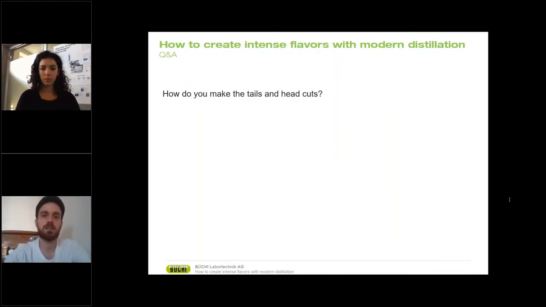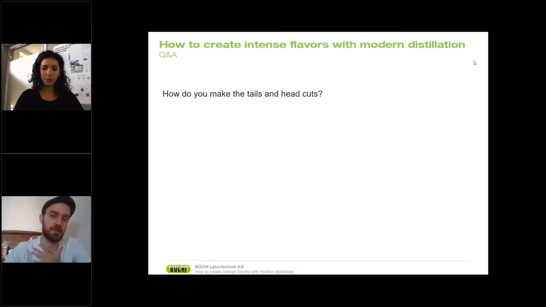Another thing you need to consider is the damage that your fermented mash can have. And when I say damage, I talk about the potential presence of some acetic acid. That is something you need to consider because it's a volatile organic acid that you may transport in your distillate. So there are different things to consider when it comes to fermented mash.